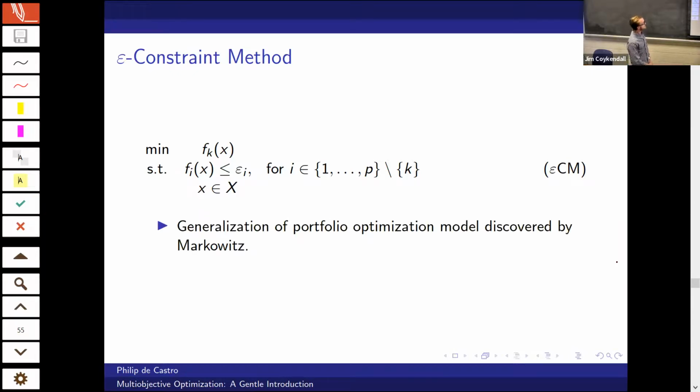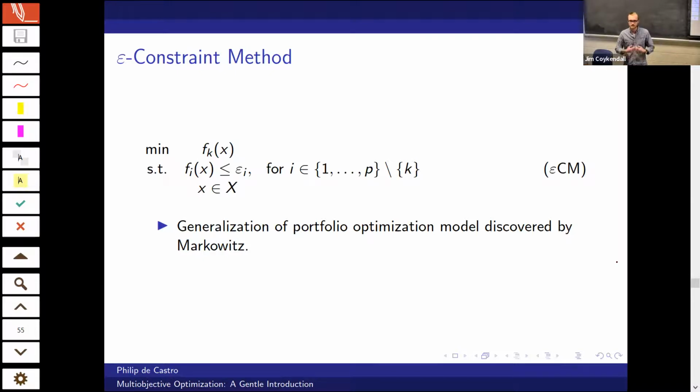And so this method is actually a generalization of the portfolio optimization model that was discovered by Markowitz in the 50s or 60s, I think, Harry Markowitz. It's a classic paper of multi-objective optimization, but also of mathematical finance, where he wanted to maximize return and minimize risk. So what he would do is have a maximization problem, maximize return, but then throw the risk function into the constraint set and say, but I don't want to incur more risk than epsilon.